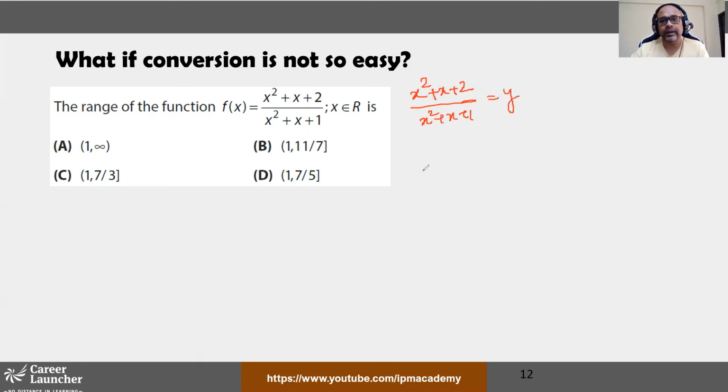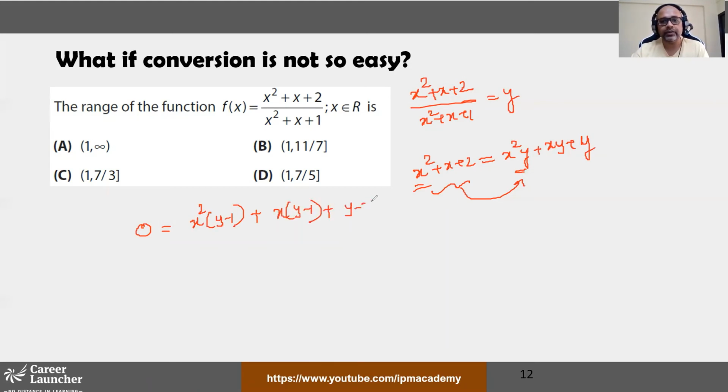Now cross multiply. You will get x square plus x plus 2 equal to x square y plus xy plus 1 plus y. Now here, try to group all the like terms. If I bring everything to the right hand side, I will get 0 equal to x square into y minus 1 plus x into y minus 1 plus y minus 2.